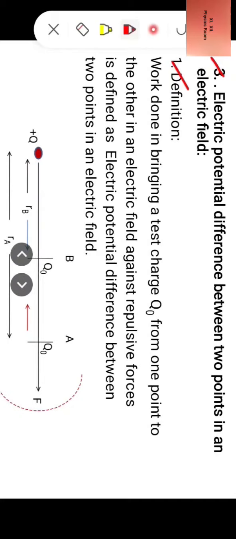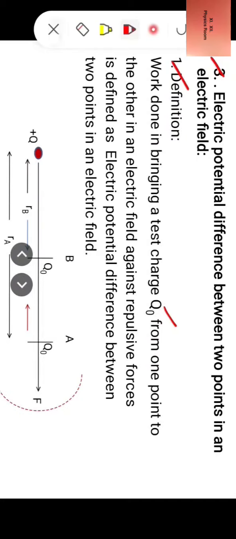So here is the definition. Work done in bringing a test charge Q0 from one point to the other in an electric field against repulsive forces is defined as electric potential difference between 2 points in an electric field.